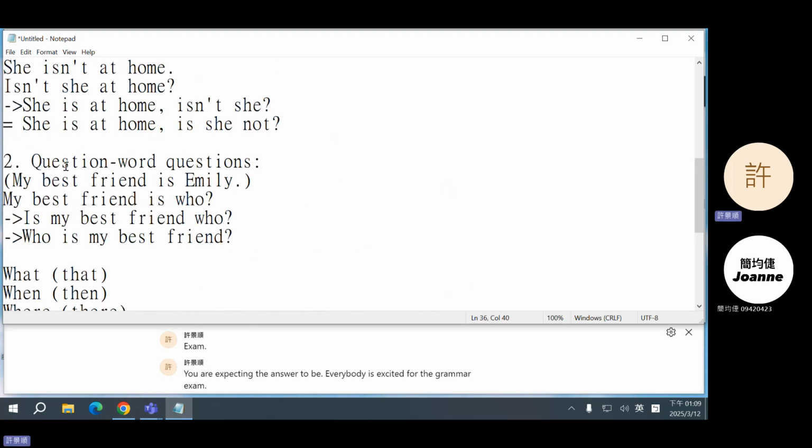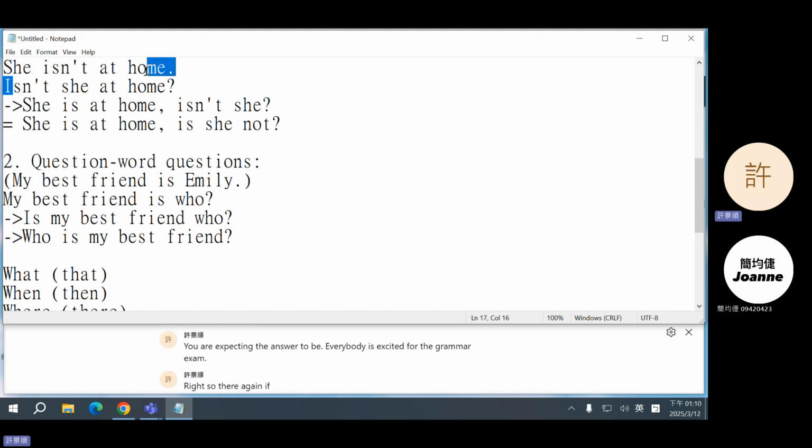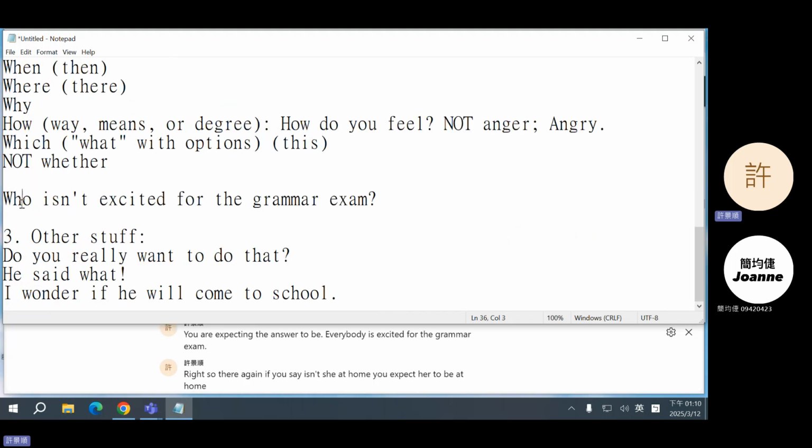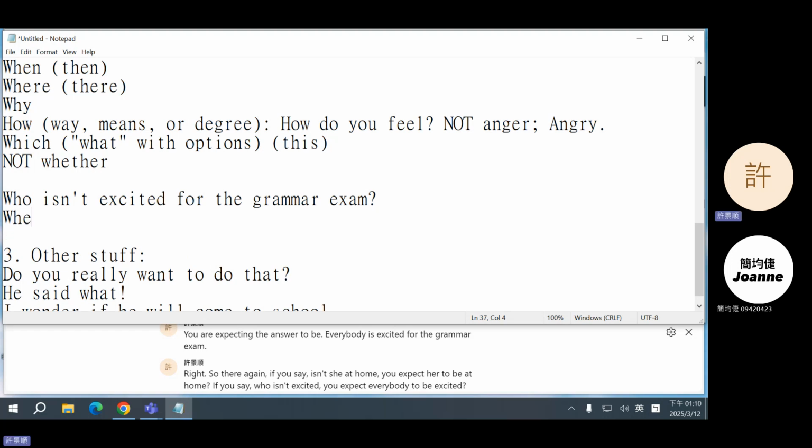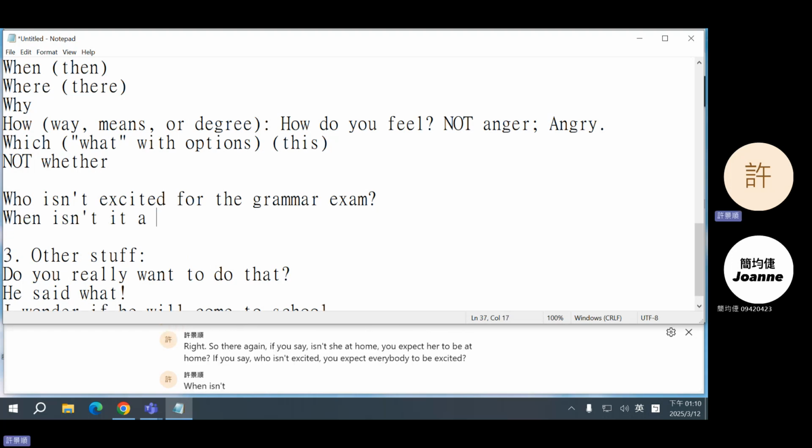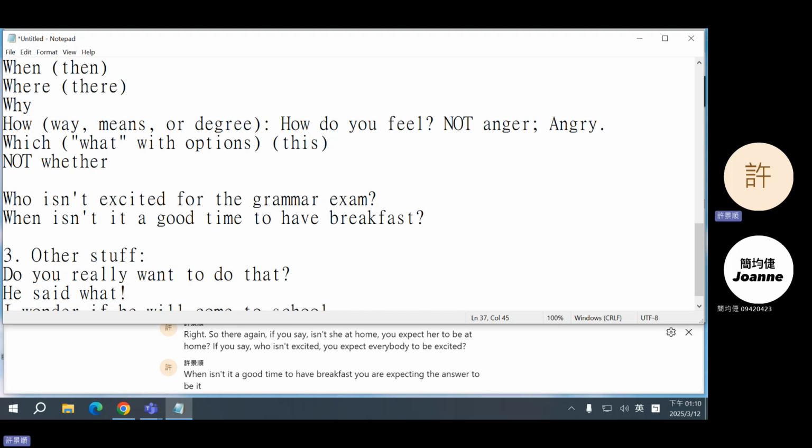So again, if you say, "Isn't she at home?" you expect her to be at home. If you say, "Who isn't excited?" you expect everybody to be excited. "When isn't it a good time to have breakfast?" You are expecting the answer to be, it is always a good time to have breakfast.